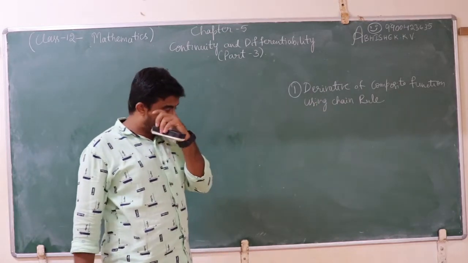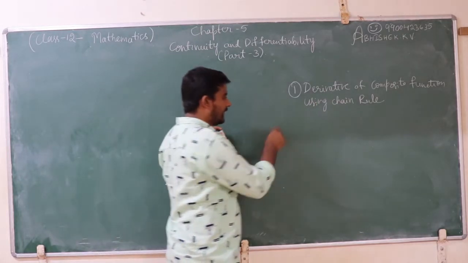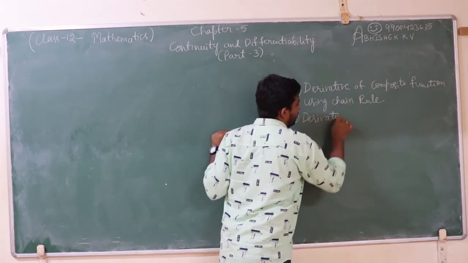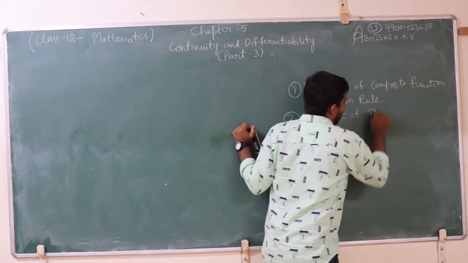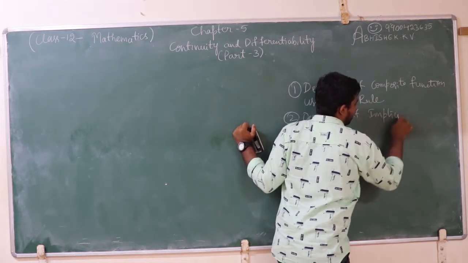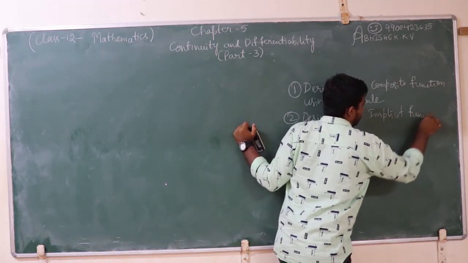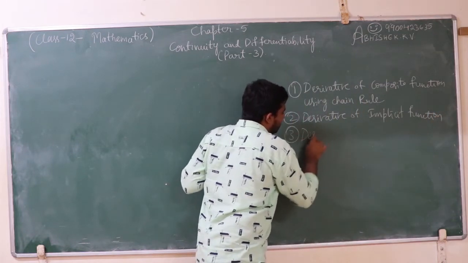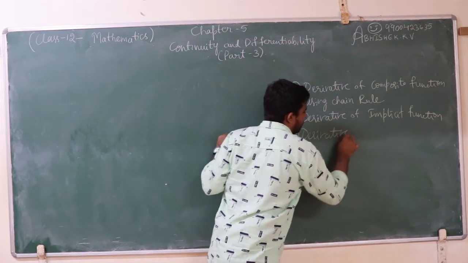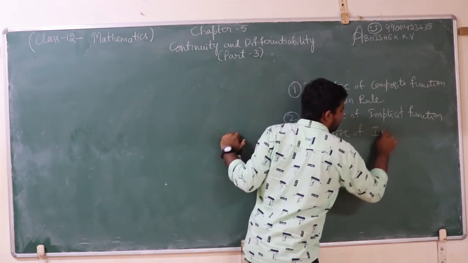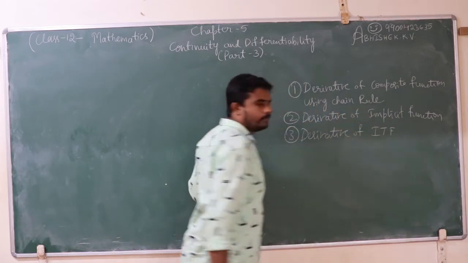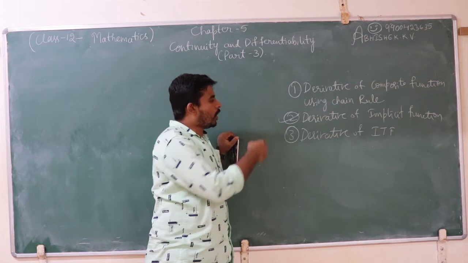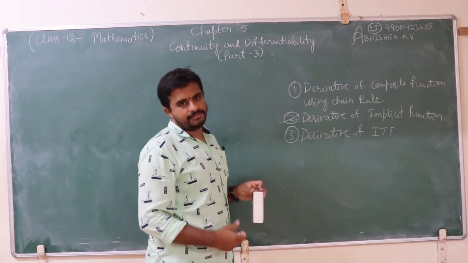So today I am going to be lecturing about the next type, that is the derivative of implicit function, and another one, that is the derivative of inverse trigonometric function. So let's start this session with the subtopic derivative of implicit function.